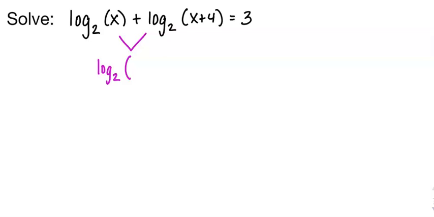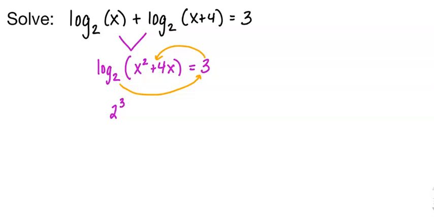So x times x is x squared, x times 4 is 4x. And this is still equal to 3. We now want to rewrite this log equation in exponential form. So we're going to take our base of 2 and raise it to the power of 3 and set that equal to x squared plus 4x.